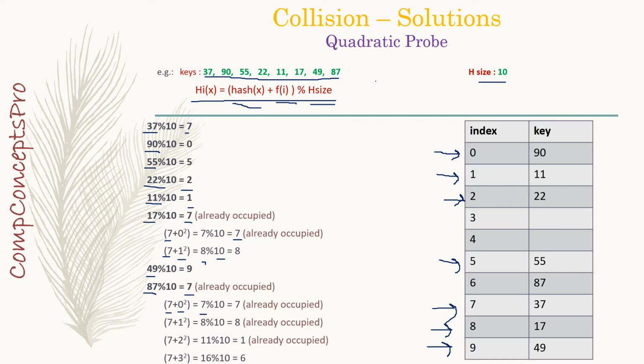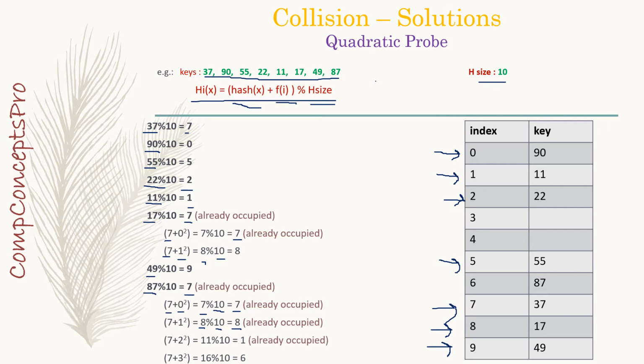Mod h size will result in 7, which is already occupied. Then we have to increment the value of i. So f(i) will be i square, which is 1 square this time. So 7 plus 1 square will be 8, and then mod 10 gives 8, but index position 8 is also already occupied.